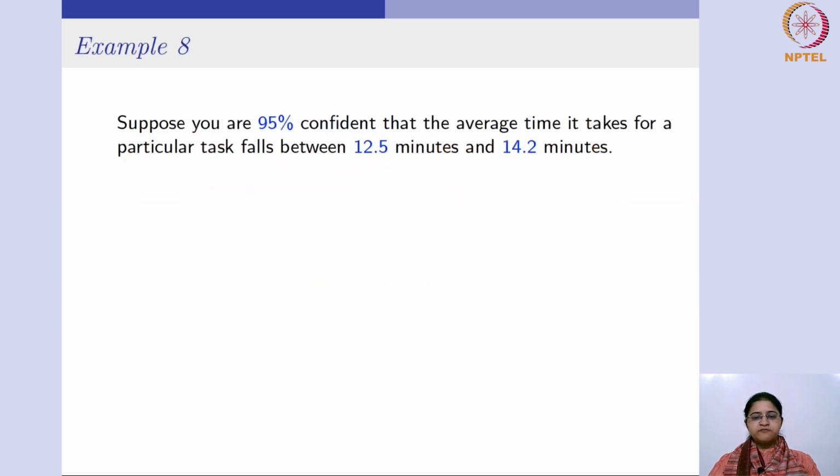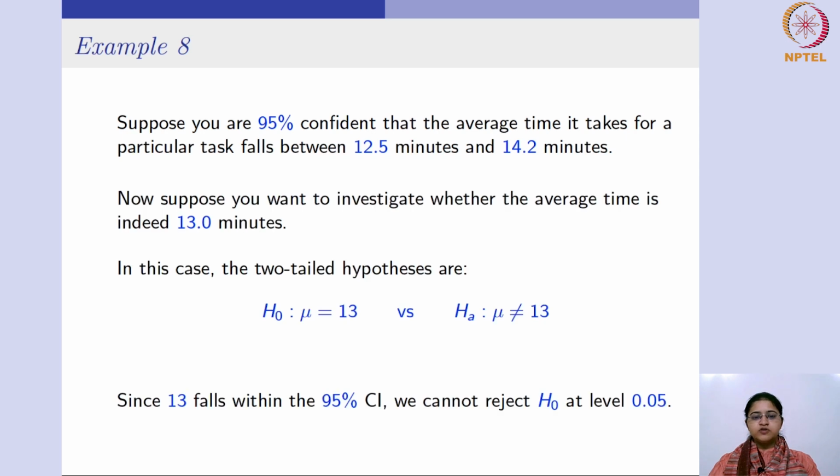Suppose you are 95% confident that the average time it takes for a particular task falls between 12.5 minutes and 14.2 minutes. This is the interval that you have obtained. Now somebody wants to investigate further whether the average time is indeed 13 minutes. So the two-tailed hypothesis could be that the null hypothesis is mu equals 13 versus the alternative that mu is not 13. So it does not take 13 minutes, right?